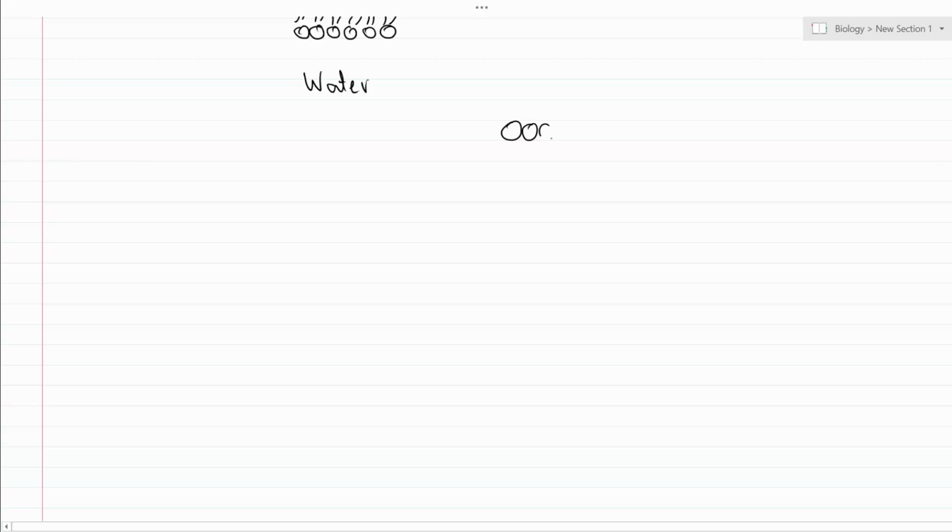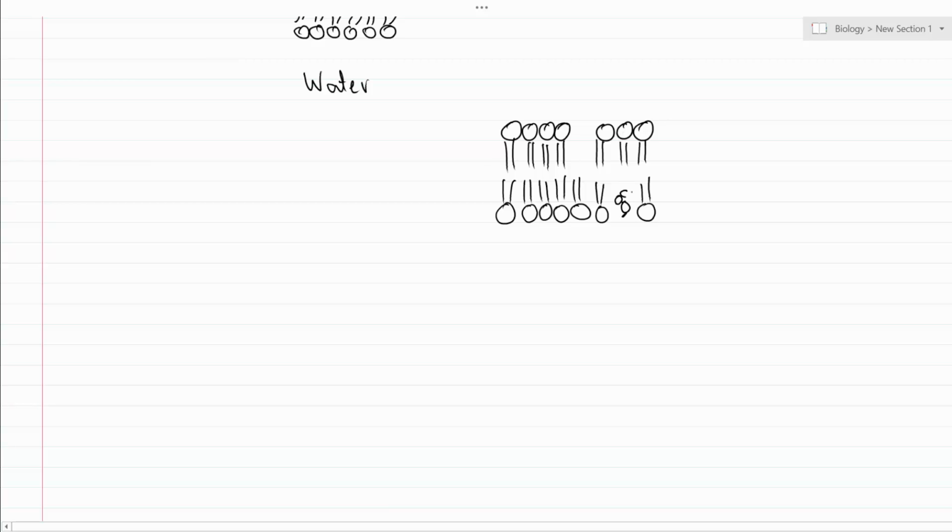So if I draw a bit of a bilayer like so, 1, 2, 3, 4, I'll just draw these in a straight line to save some time. Okay, so we've got some phospholipids there. What we also might have is some cholesterol.